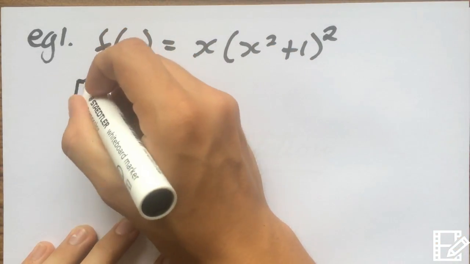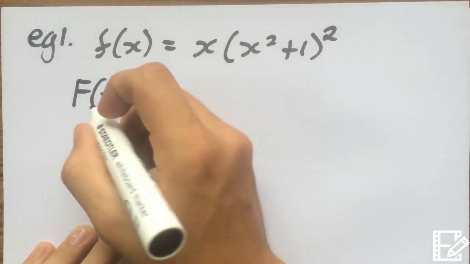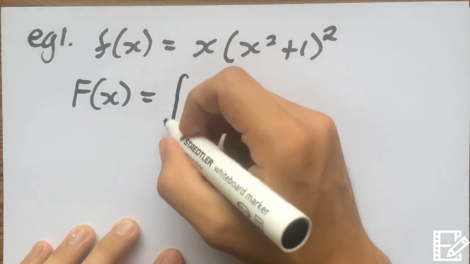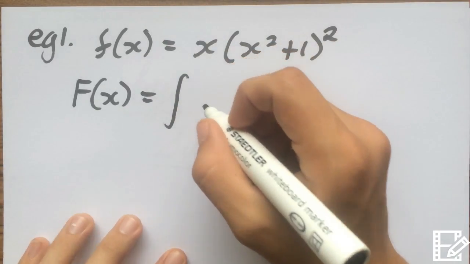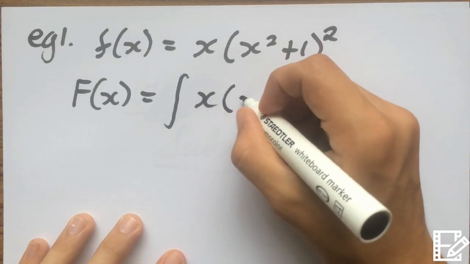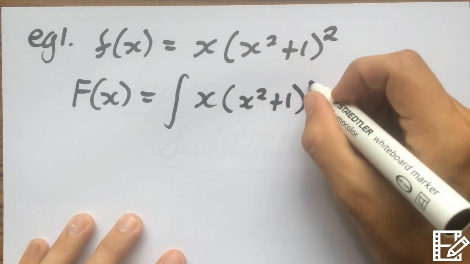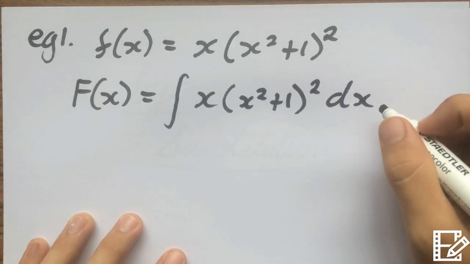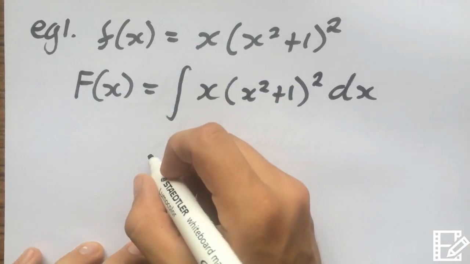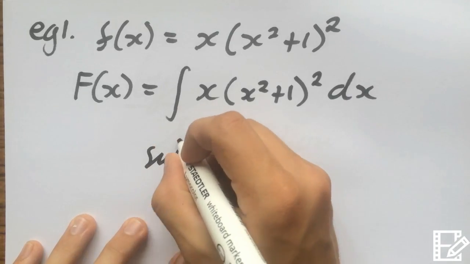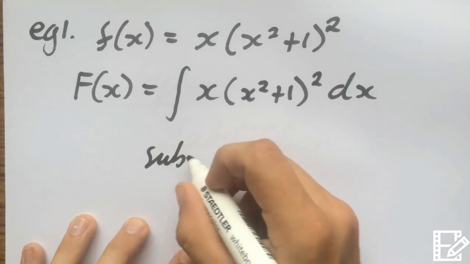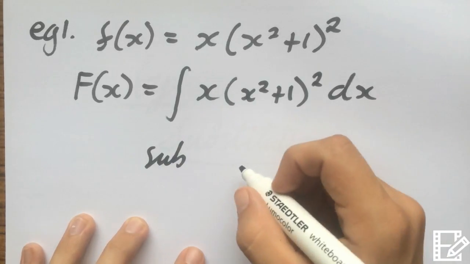So, for now, I'll write out the integral. We use a capital F, and we use the fancy looking S, however you want to put it. Insert the function. Put dx on the end. Now, this is what you do with substitution. Generally you write sub, or I write sub because it's shorter than writing the whole word substitution.